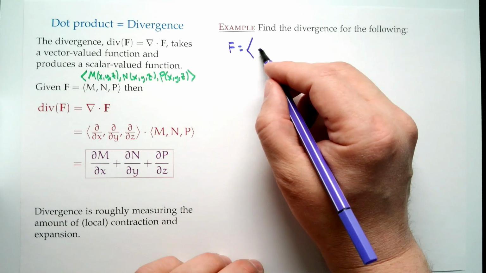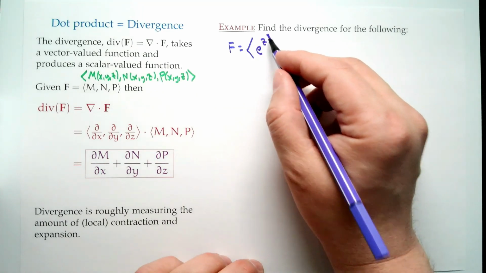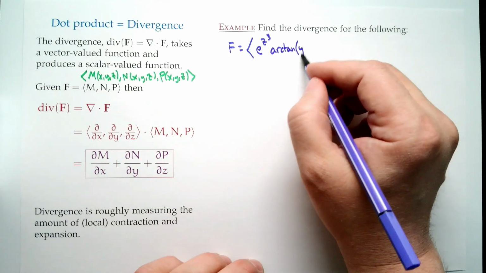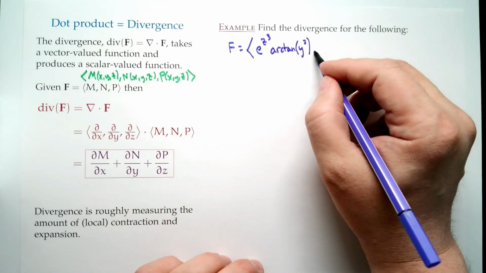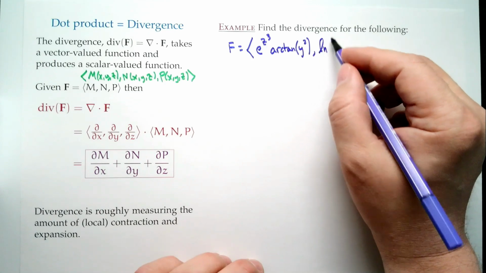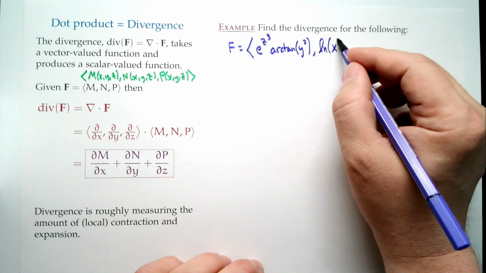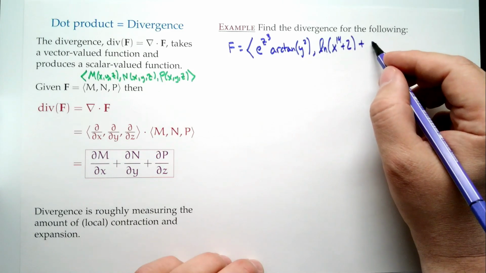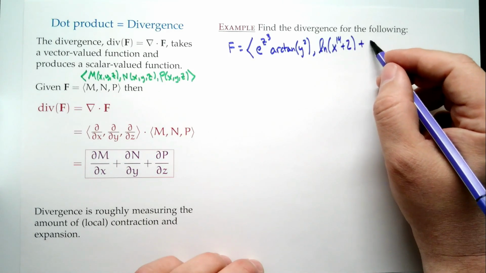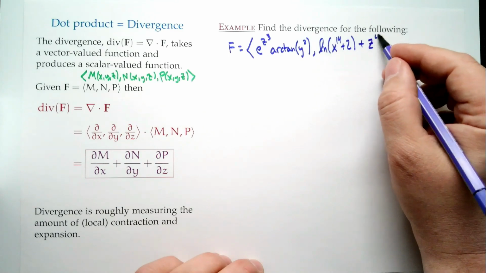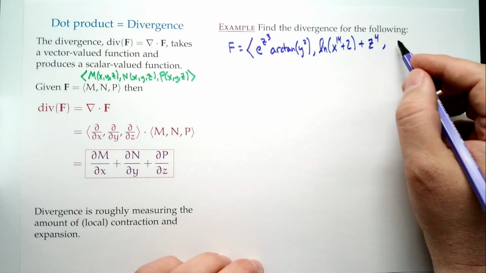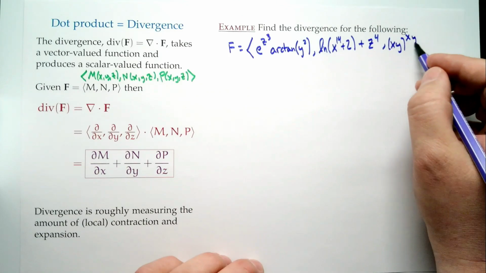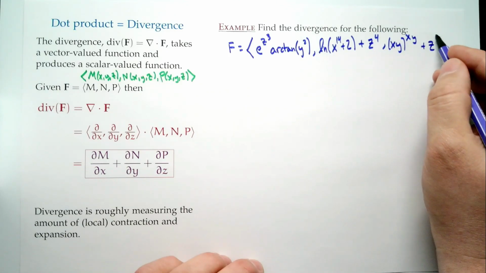All right, so let's do e to the z cubed, arctangent, I love arctangent, y squared, comma, log of x to the 14 plus 2 plus z to the 4, comma, x, y to the power x, y plus z.